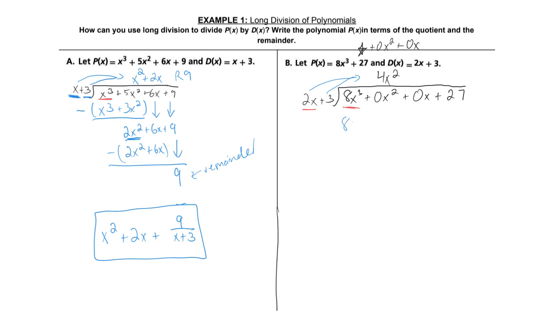We get 8x cubed from 4x squared times 2x, and then plus 12x squared. And then we subtract them. We get 0, and then we get negative 12x squared plus 0x plus 27.